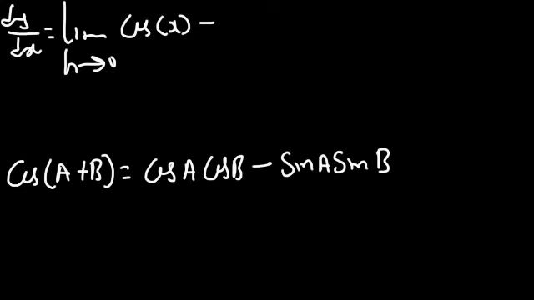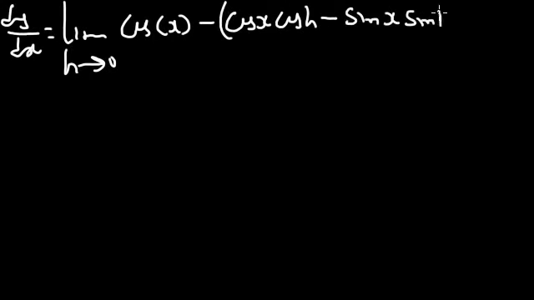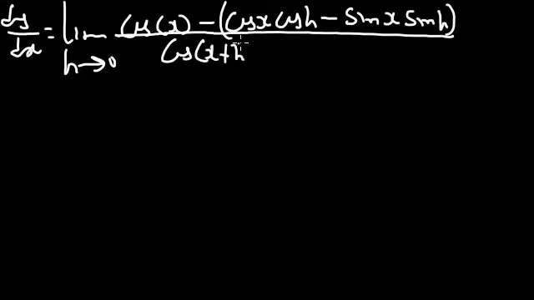Good. Now therefore, instead of cosine of x plus h, we can have it as cosine x cosine h, in the bracket minus sine x sine h, then divided by, now don't forget we have cosine of x plus h times cosine x, times 1 over h.